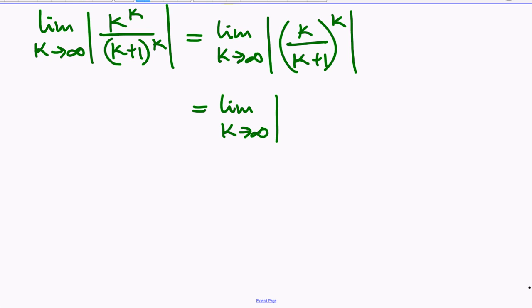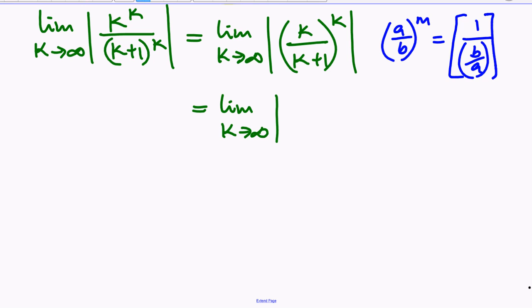What you can do here is, if you have a over b to the power m, it is the same as 1 over b over a, all to the power m. So I'm going to use that idea to simplify this.